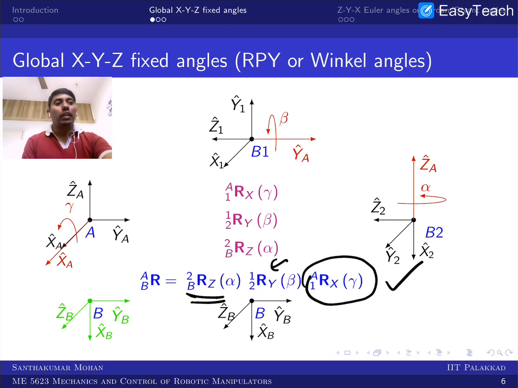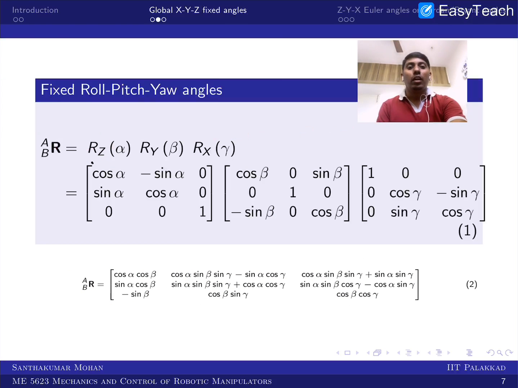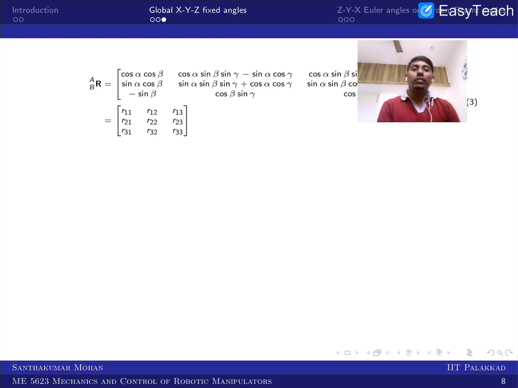So now if you use that into a multiplication, and you multiply the individual rotation matrices, you will get the global composite or compound rotation matrix. Now this matrix is equivalent to something like a general matrix, which I am writing as R11 to R33.